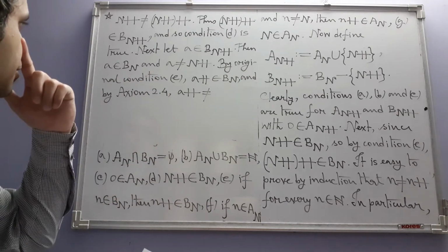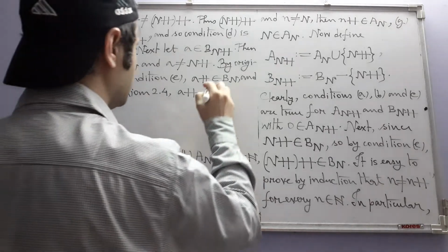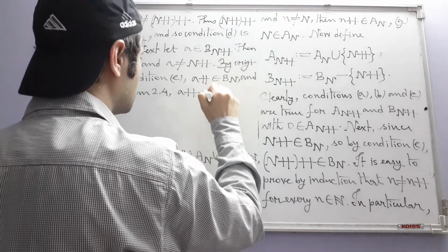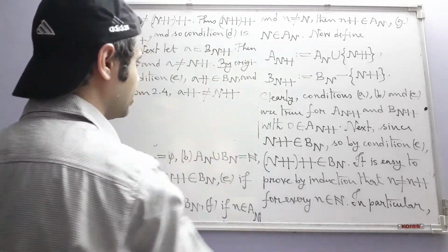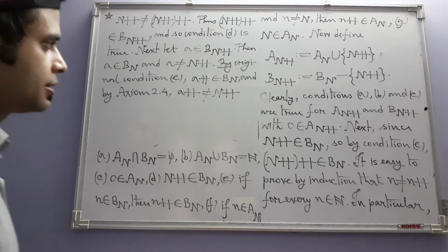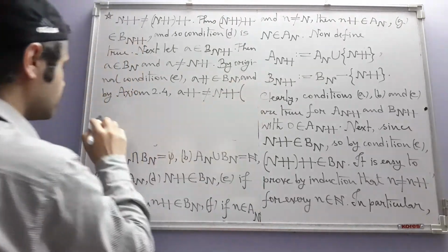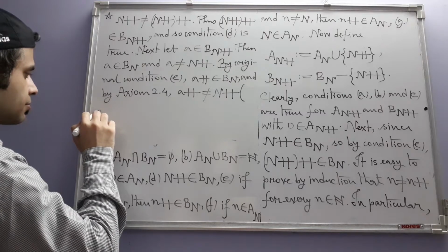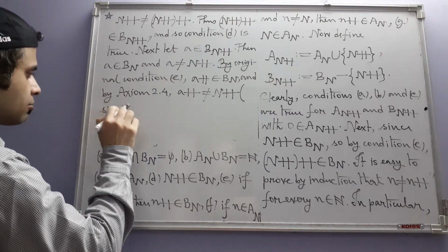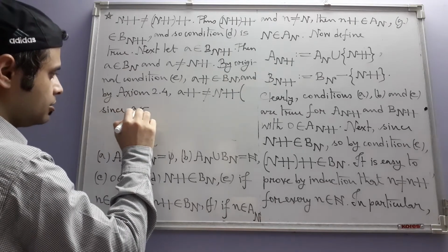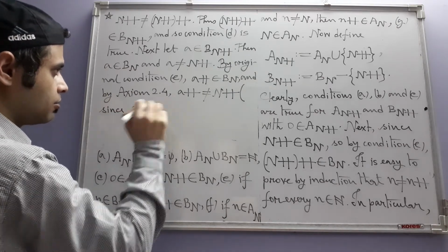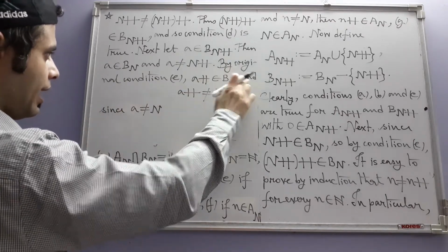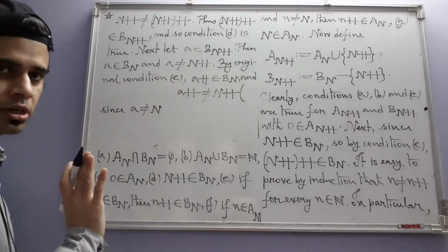a cannot be equal to n. This cannot be equal to n plus plus. Now what is the justification for this? Since a is not equal to n, by axiom 2.4, a plus plus is not equal to n plus plus.